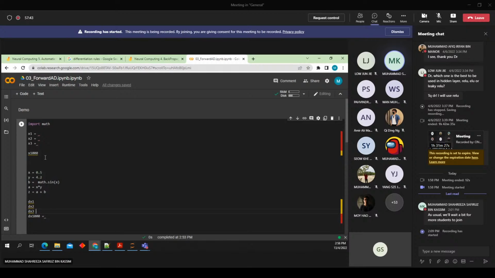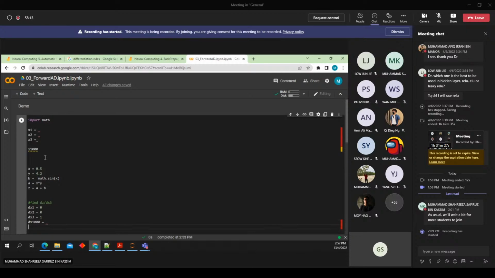So you have to see, for example, you want to find dz over dx3, right? So you have to set the others as zeros, and the variable that you wish to differentiate with respect to as 1. dz with respect to dx3, right?